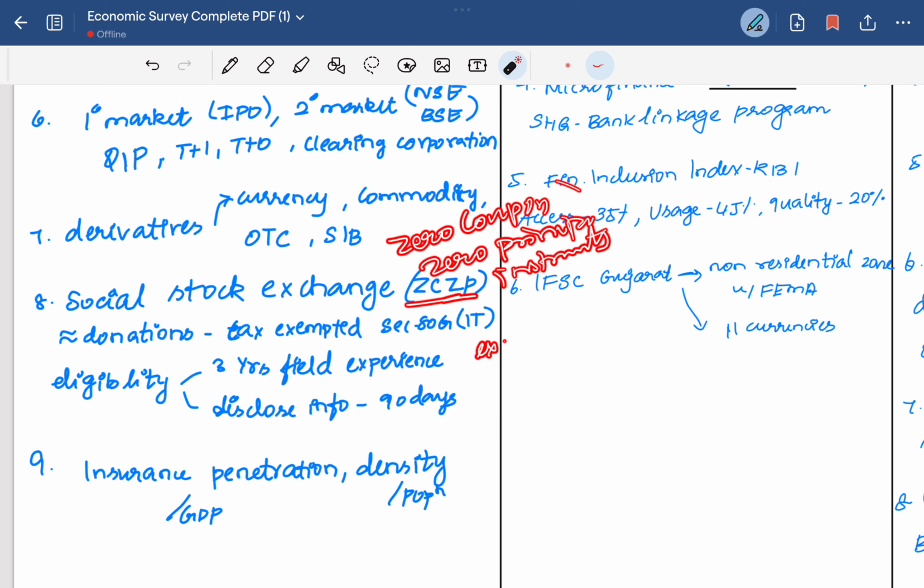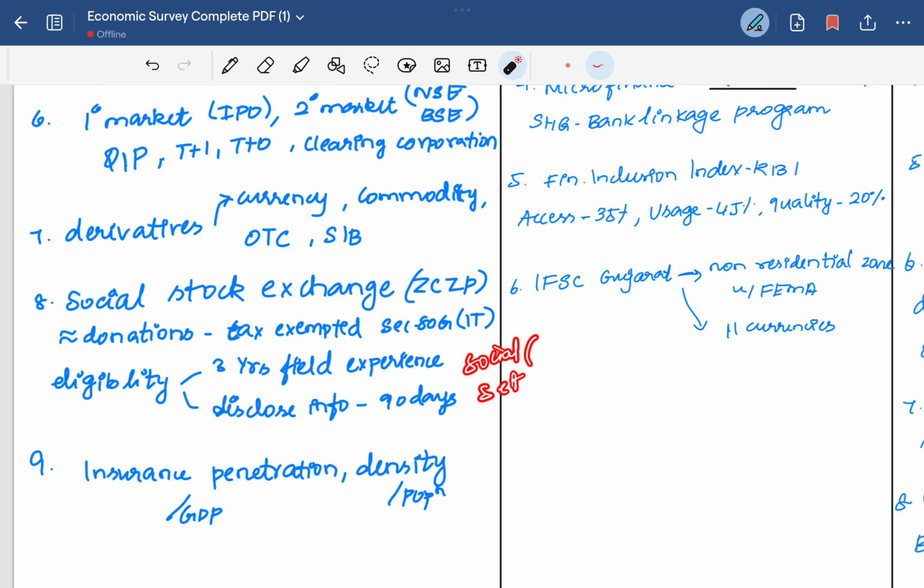For example, green bonds, which people invest in for reducing environmental pollution. These are some of the social stock exchange measures, and people also donate for social sector development like health, education, and poverty reduction.